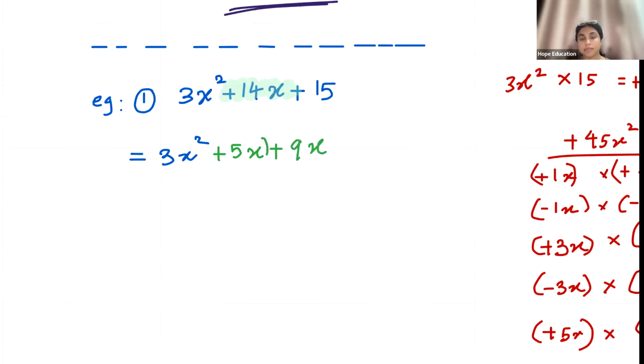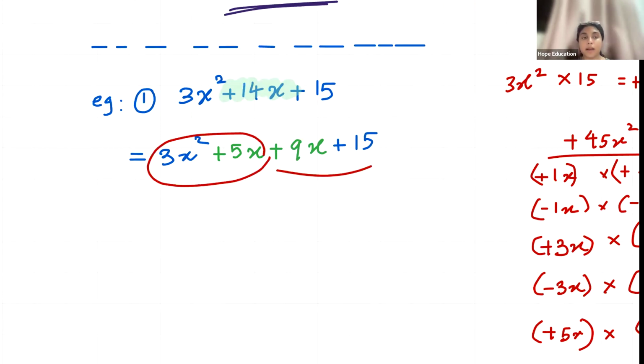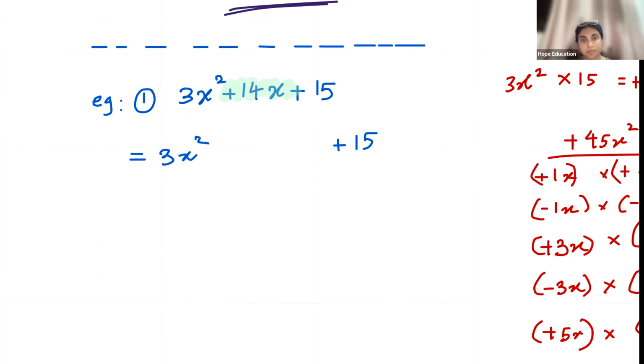Look at this here, a little something. If we take these two, the only common thing is x. If we take these two, only 3 is common. So instead of doing that, we can rearrange these a little. Instead of writing plus 5x plus 9x, we can write plus 9x first and then plus 5x. Why do I do that?